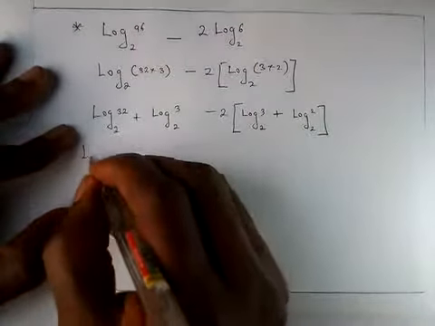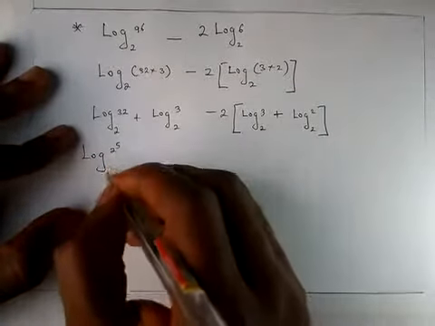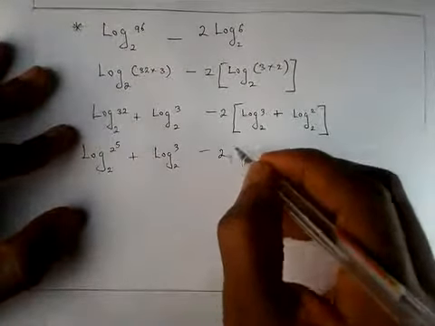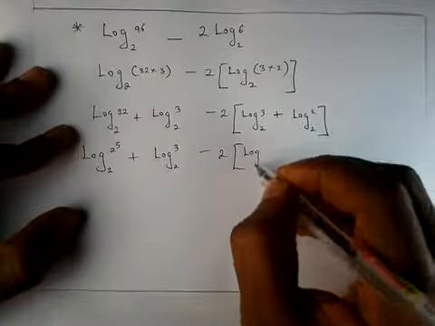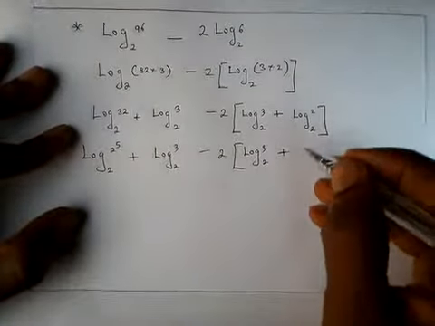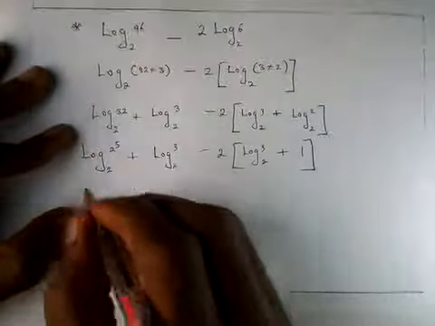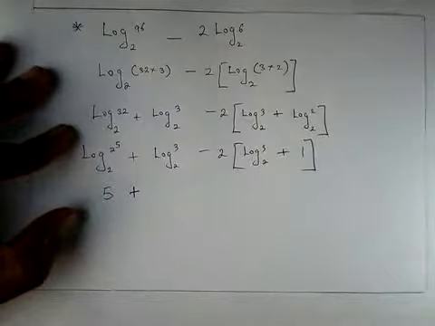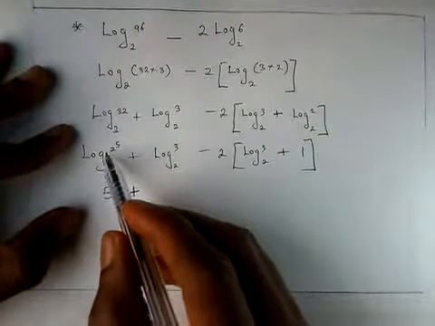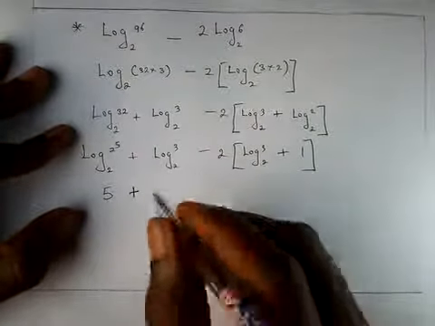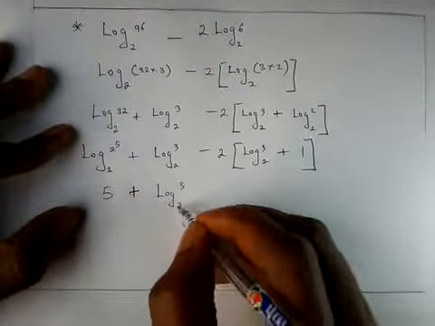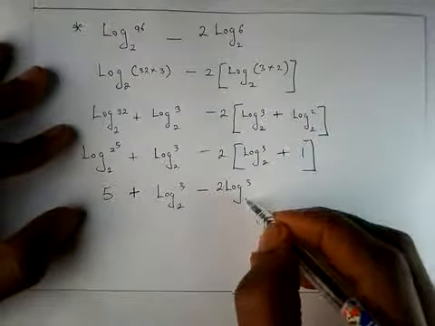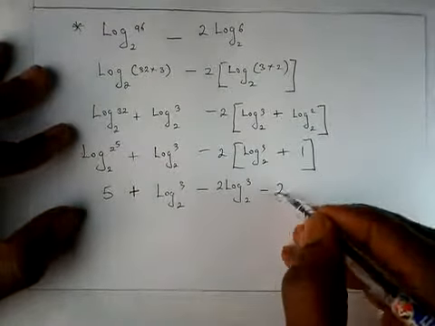Now looking critically, log 32 is 2 raised to power 5 to base 2, plus log 3 to base 2, minus 2 into log 3 to base 2, plus this is 1. This comes down to give us 5. Log 2 is 1. I'll be skipping some steps now, because you should be seeing by now that log 2 is 1. So this comes down to 5 log 3 to base 2 minus 2 log 3 to base 2, minus 2.